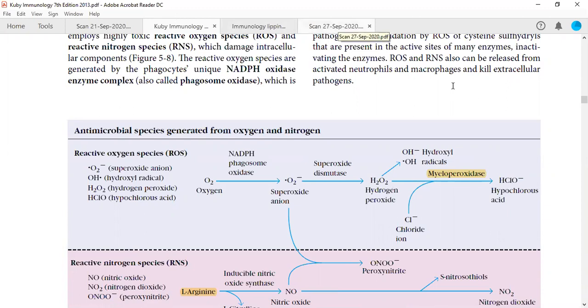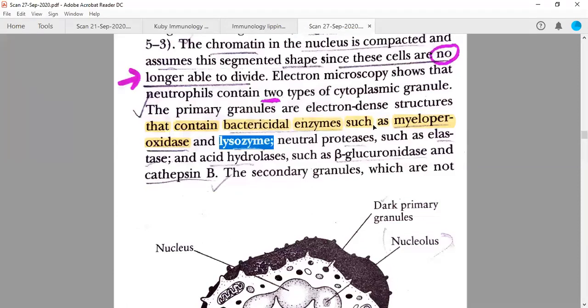So these primary granules have this enzyme, myeloperoxidase, first, and lysozyme. Lysozyme is also responsible for degradation of the bacterial peptidoglycan cell wall. So both enzymes are very harmful to bacteria and they're present in primary granules, right?